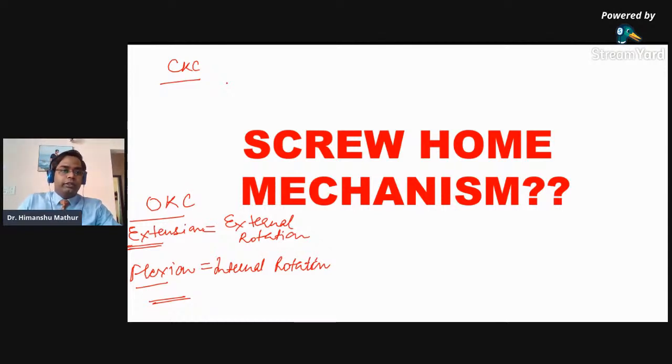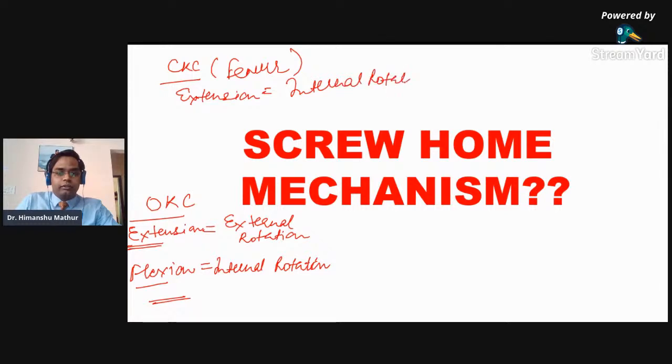Now come on to the CKC, that is closed kinematic chain. Now the femur is moving here. Meenal Jain has already written that, correct. During extension, the femur rotates internally. It will be exactly the opposite of last time, okay, internal rotation.